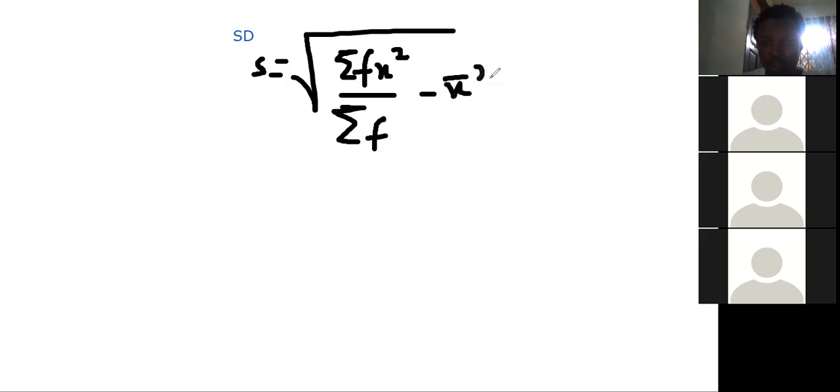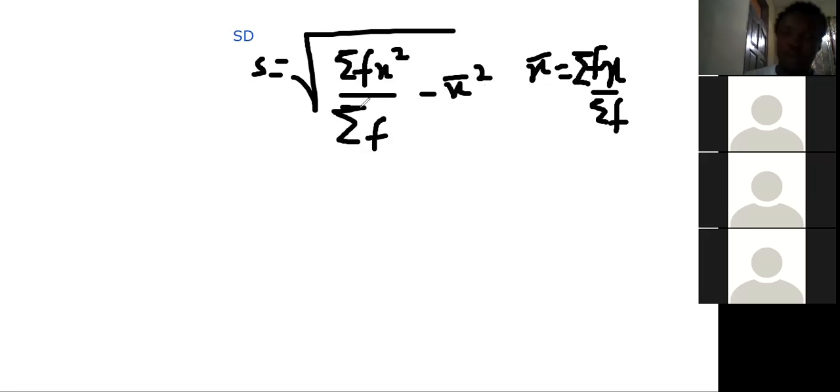This one we won't solve any question, please. You already know how to do it. Where f will be the frequency, this x bar is given by sigma fx all over sigma f. So that is it. I hope you all get it.